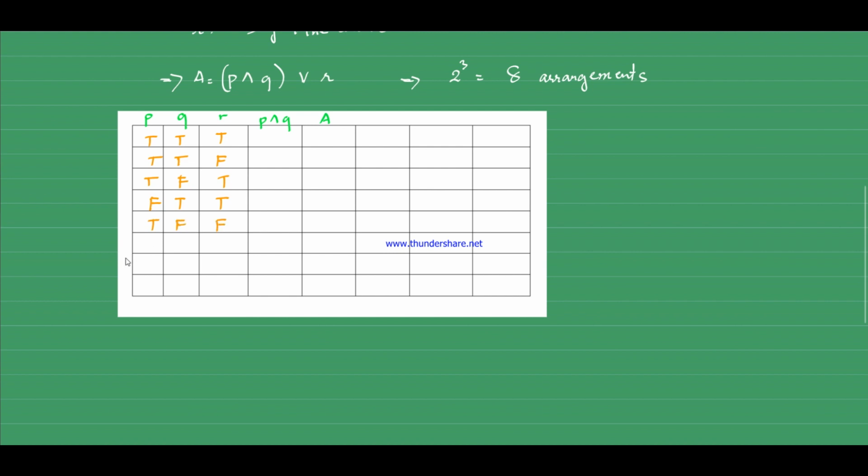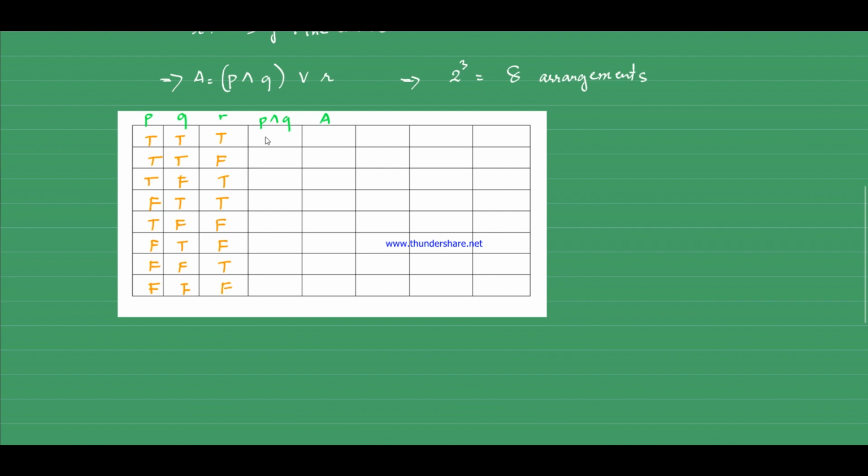Then true, false, and finally true at the end. There you go. So we have a total of 8 arrangements.